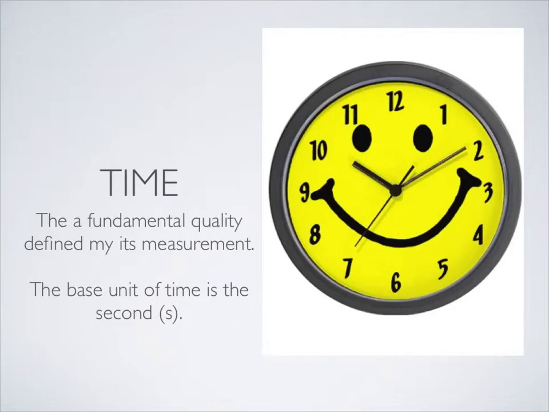First and foremost, time, and time's difficult. Time's hard to describe, and if you can in the future, just sit down and try and describe the definition of time to yourself. It's impossible, because time is just a fundamental quality. It's something everyone understands. Time is defined by its measurement.